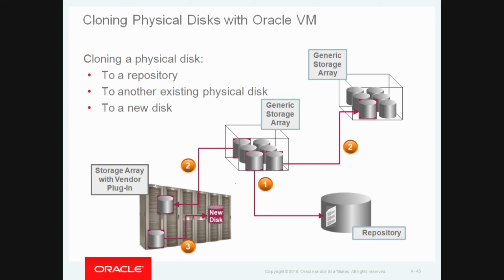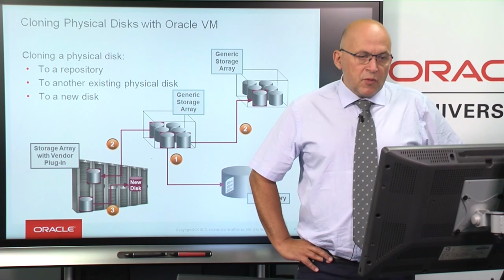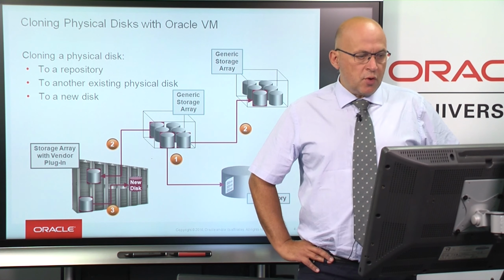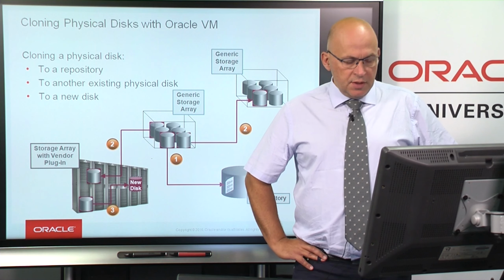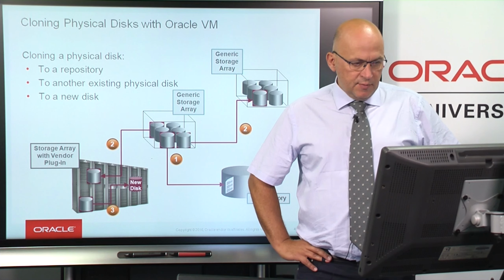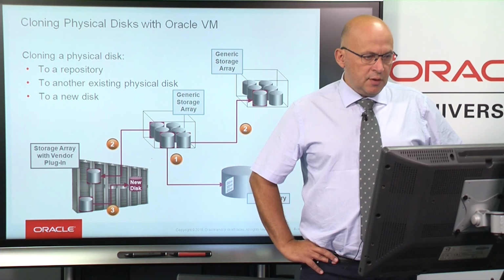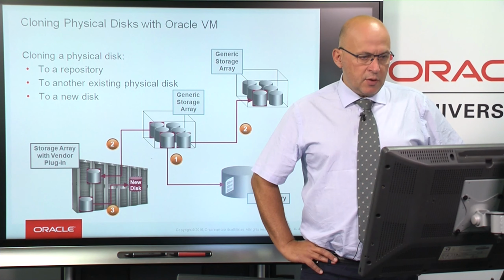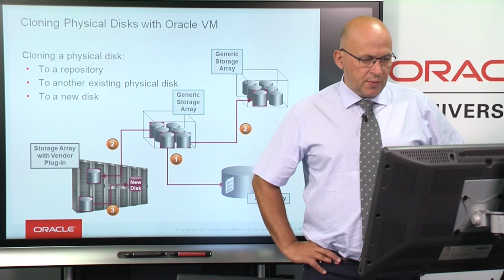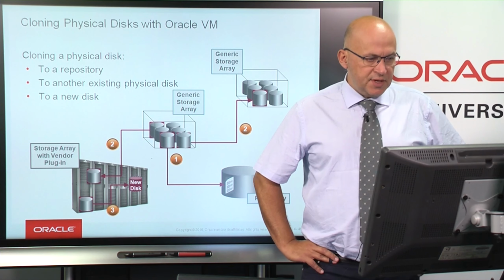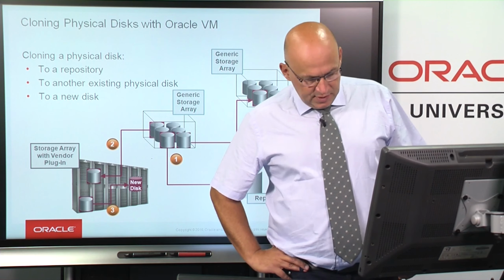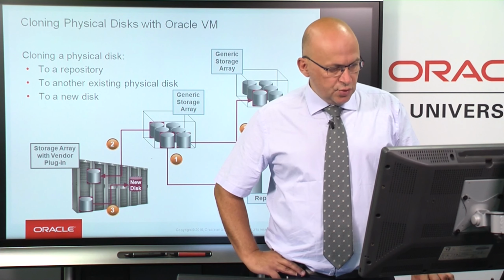In these cases, you can either use the generic Storage Connect framework, or the vendor plugin, and then you have another possibility where you can copy your disk to another disk which is staying in your storage array.